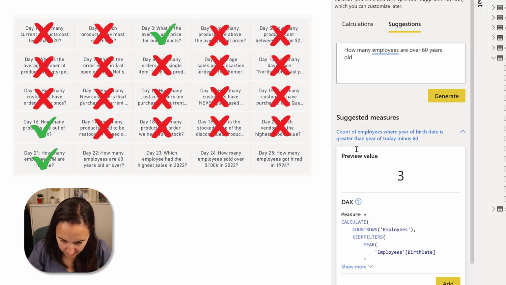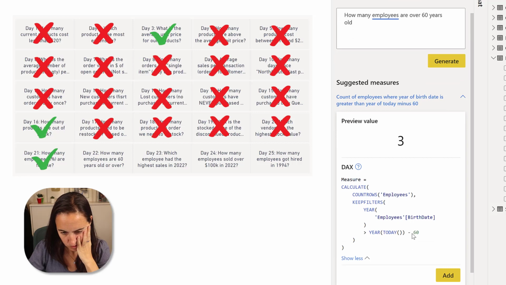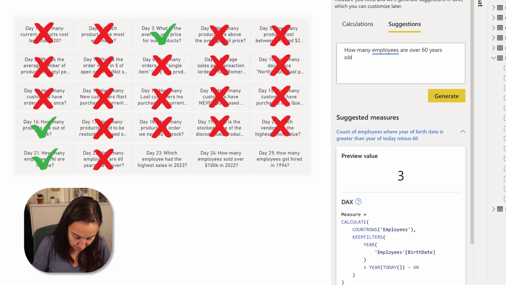No. Count of employees with year of birth date is greater than year of today minus 60. No. No. So years old doesn't seem to understand. I mean, you could trick it, I guess, but it would be a lot of work. It would be easier to make the DAX directly, in my opinion.